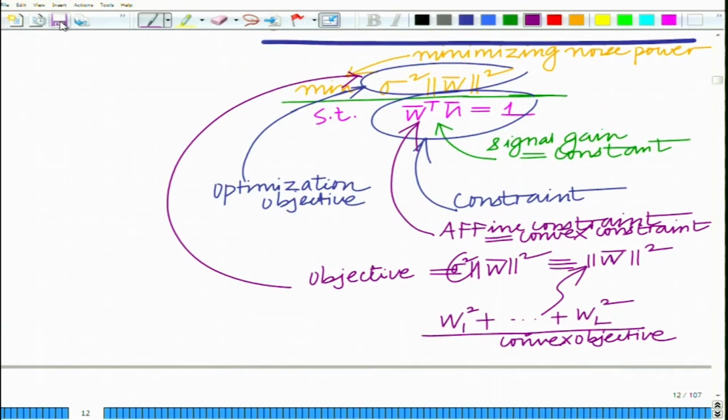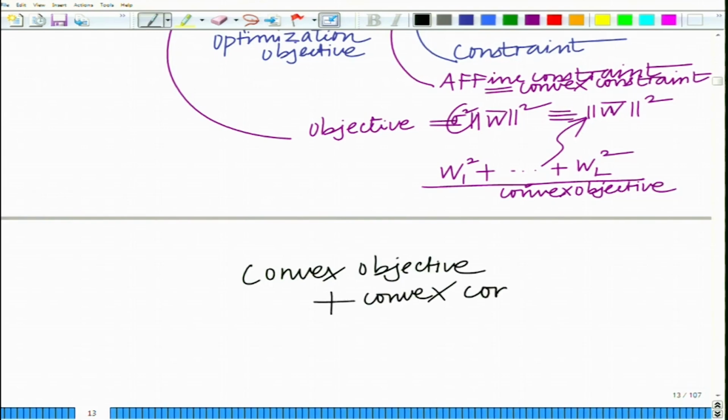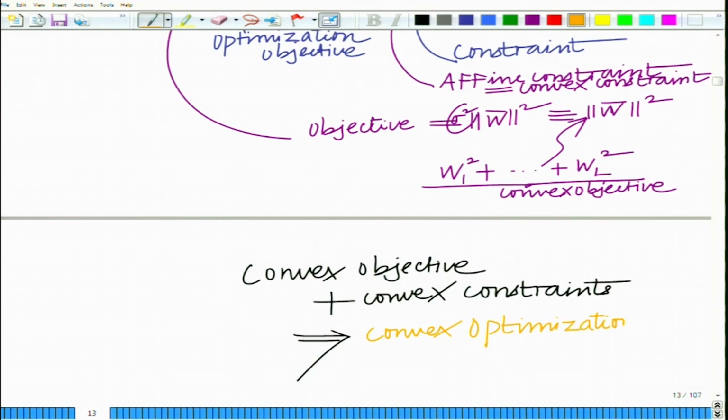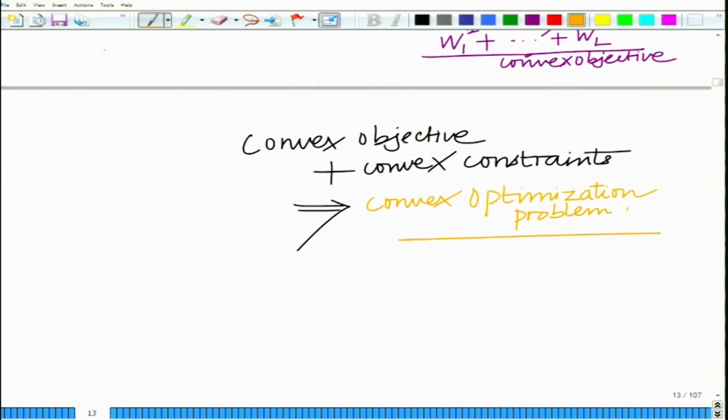So, this is going to be the template of a convex optimization problem: a convex objective plus convex constraints implies a convex optimization problem. So, in fact, we have a constrained convex optimization problem.